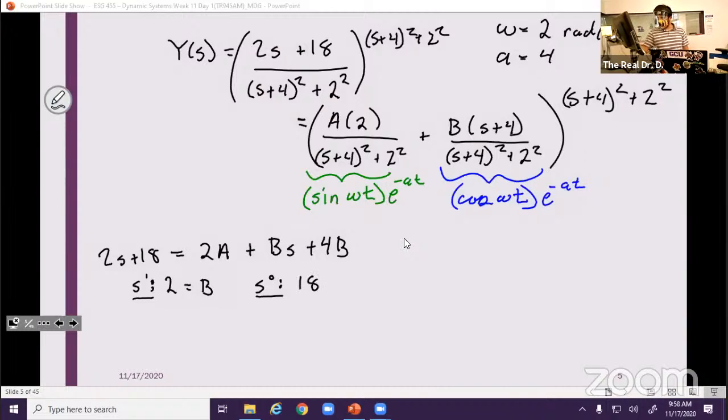Well, I've got 18 is equal to 2 times A plus 4 times B. I can solve this because I know that B is equal to 2. So A should be equal to 5. 4 times 2 is 8. 18 minus 8 is 10. 10 divided by 2 is 5.